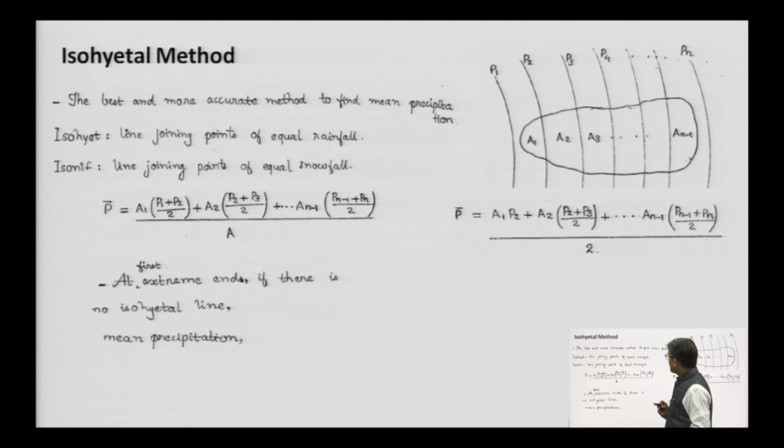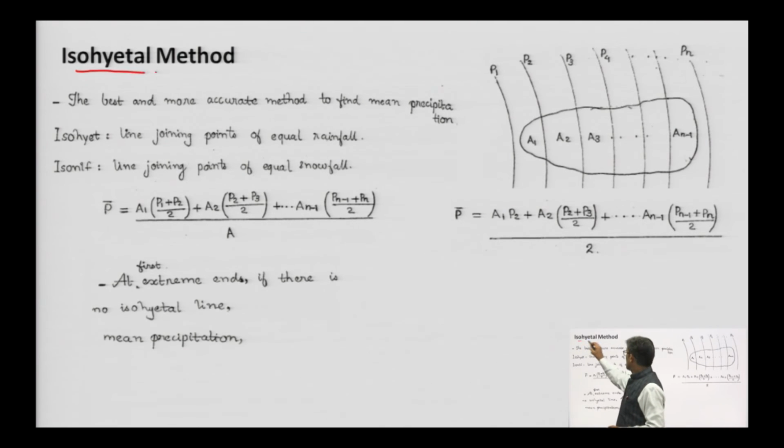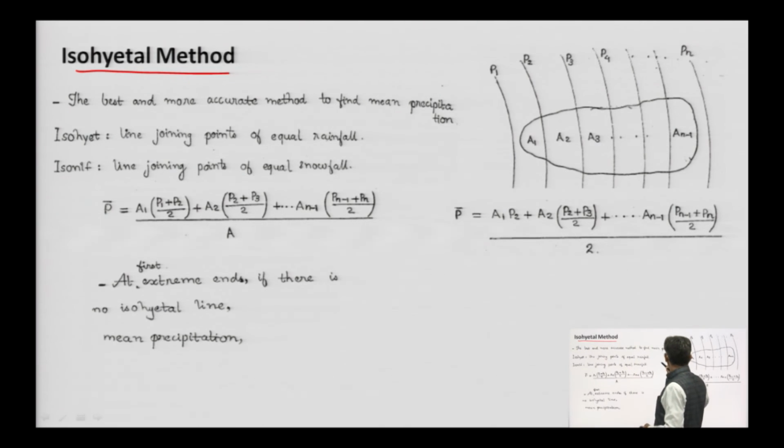The next method is the isohyetal method. In this method we take the average value of precipitation also, along with the weightage parameter.